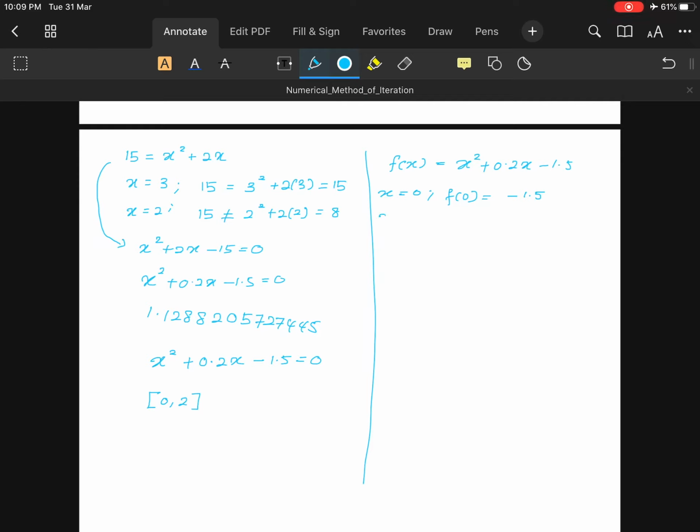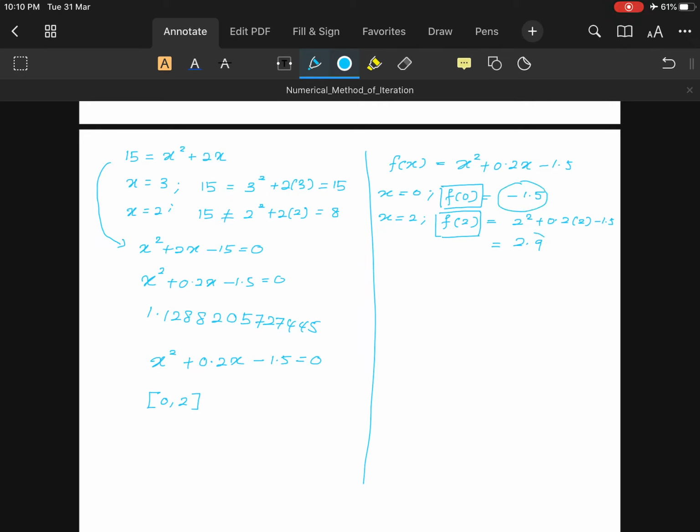When you substitute x equals 2, what you have is 2 squared plus 0.2 times 2 minus 1.5. That will give you how much is it? 2.9. Yeah, 2.9.